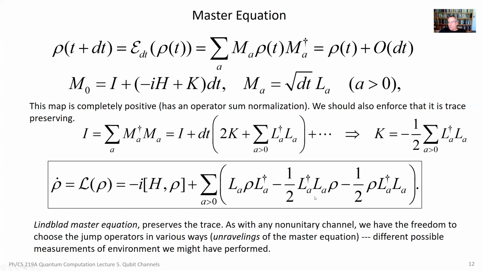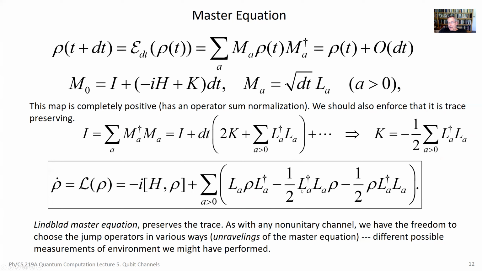And these other terms, well, we can see why they are there. They are the terms coming from the K in M0, in the M0 rho M0 adjoint, where I've used our expression for K in terms of the jump operators.